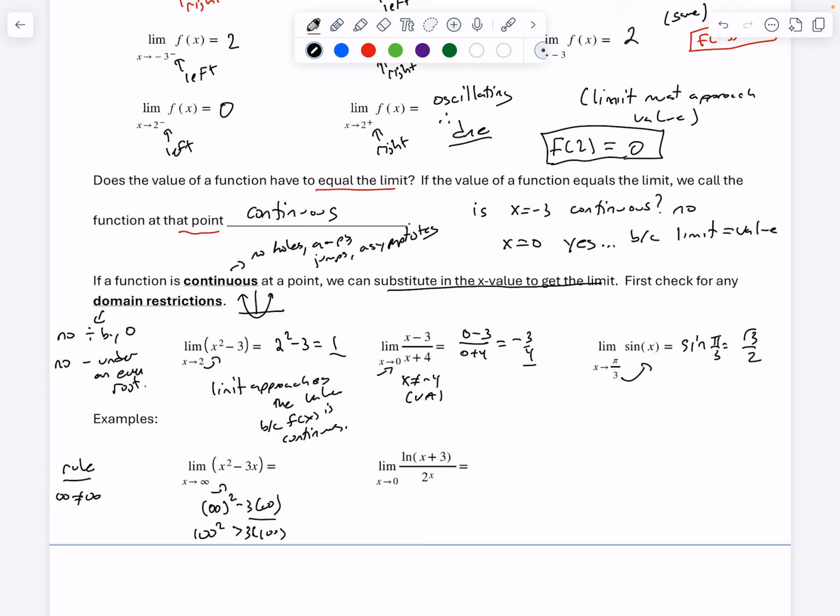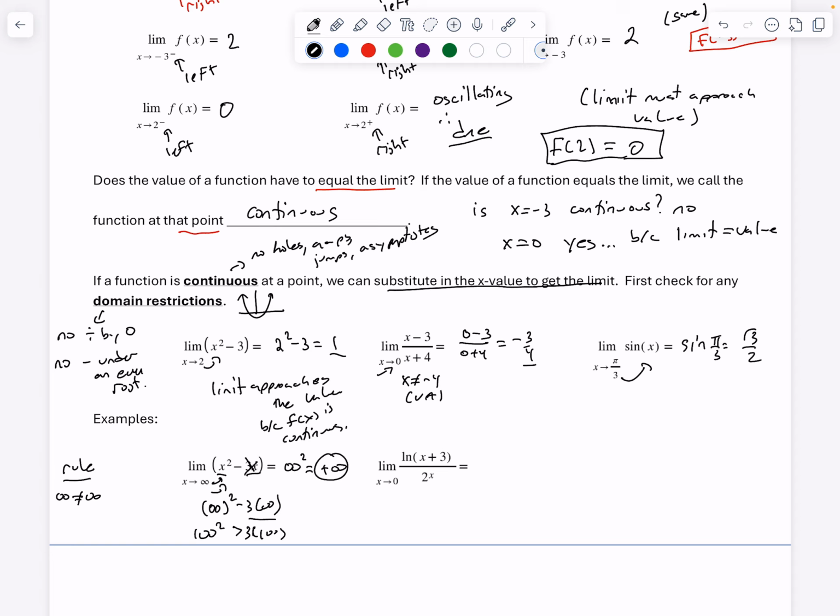We just have to think about what matters the most. Infinity squared matters a lot more than 3 times infinity. In other words, a parabola grows a lot quicker than a line. So I really don't have to worry about that 3x. I could just plug this in, and I would get infinity squared, which is positive infinity.